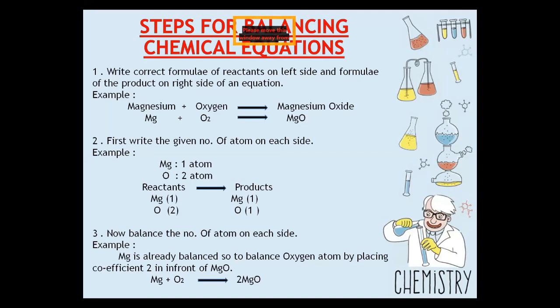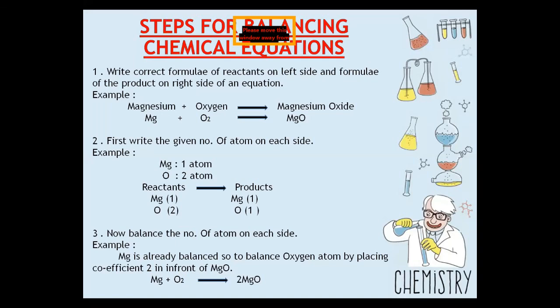Now balance the number of atoms on each side. For example, magnesium is already balanced in both the reactants and the product. Magnesium has only one atom. So, to balance the oxygen atoms, place the coefficient 2 in front of the product, which is MgO, magnesium oxide.